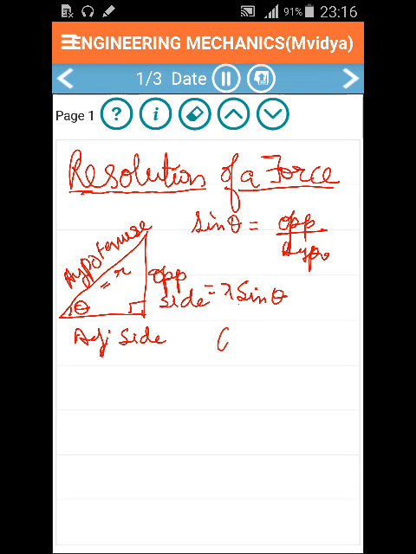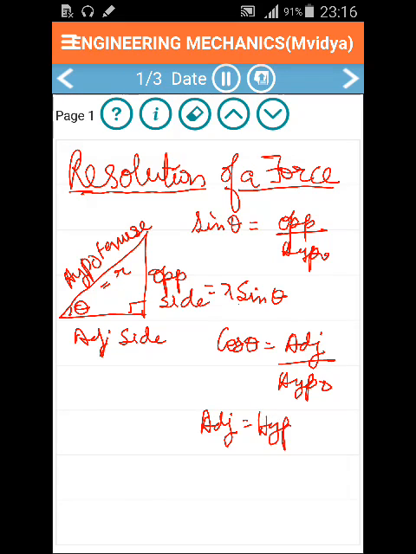Similarly, I have my cos theta is equal to adjacent upon hypotenuse. So my adjacent is equal to hypotenuse into cos theta. Hypotenuse being r, that is equal to r cos theta. So I can write my adjacent side is equal to r cos theta.